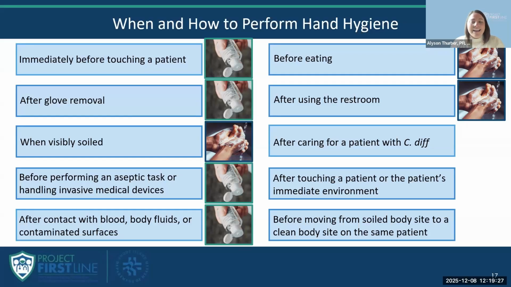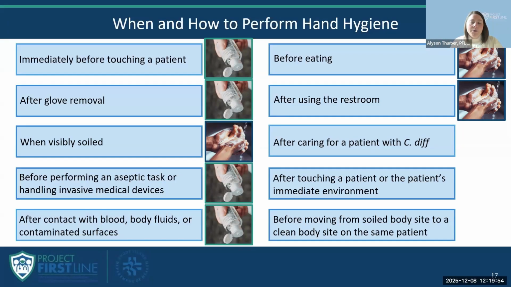However, soap and water and alcohol-based hand sanitizer have both been found to not be very effective against Clostridioides difficile spores. So the push here is towards adhering to contact precaution and glove wear with C. diff, followed by alcohol-based hand sanitizer to, again, pick up on that compliance aspect.